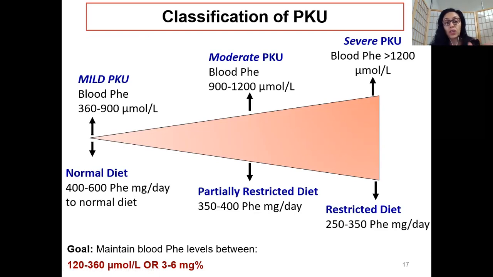Then in moderate PKU, the dietary restriction of phenylalanine is much stronger, and in severe PKU it is even stronger. This is what the diagram is trying to say.